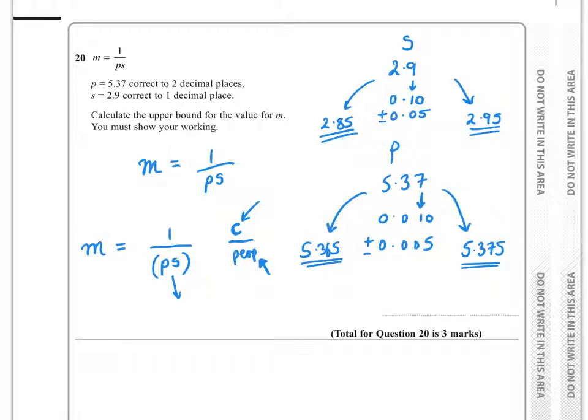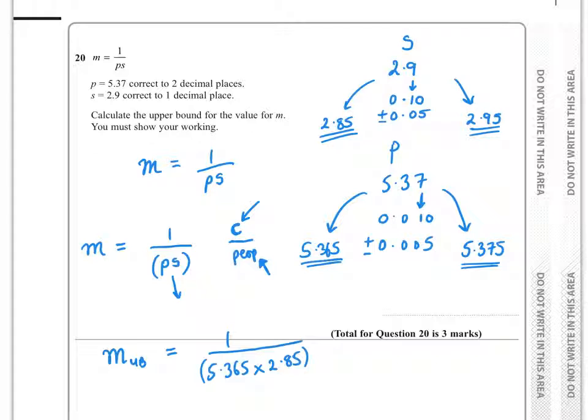So to get the lowest product, well, I think we'd want P to be the lowest and S to be the lowest. So the upper bound for M would be 1 over the lowest for P, which is 5.365, multiplied by the lowest for S, 2.85. So I'm going to put that into my calculator.